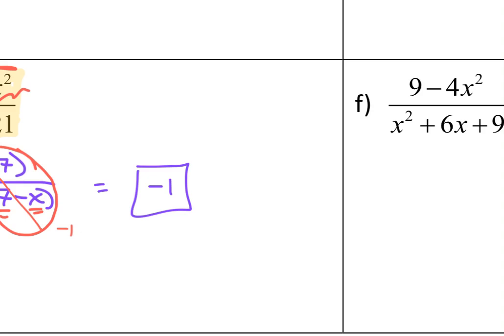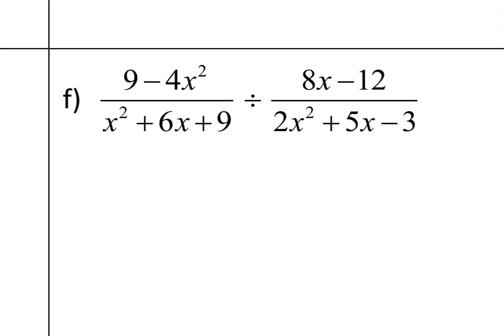In letter F, you've also got a division problem, and like I said, pause the video, factor and flip, or flip and factor, but do both of those things before you come back.